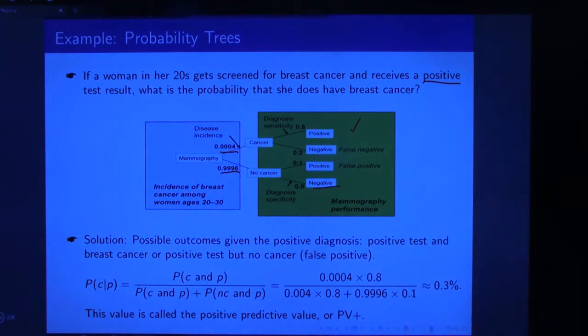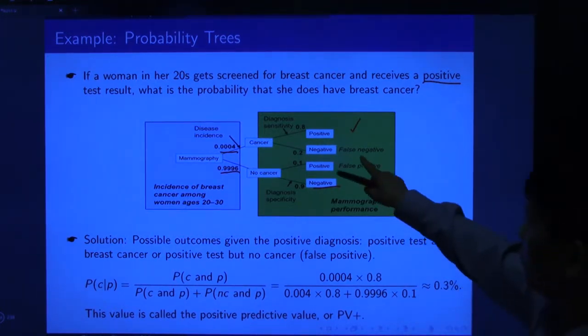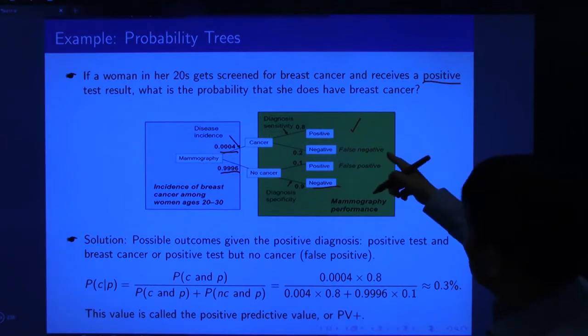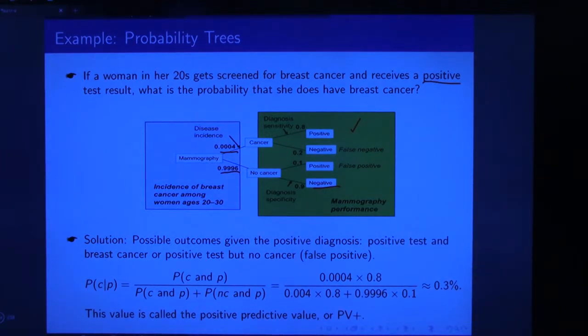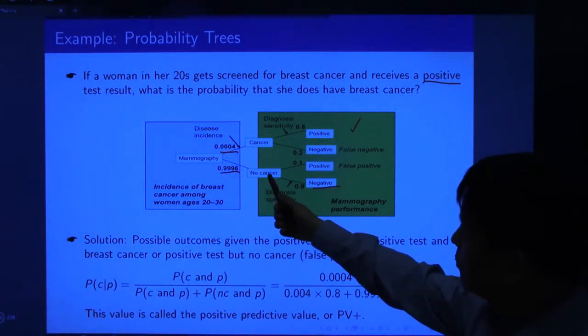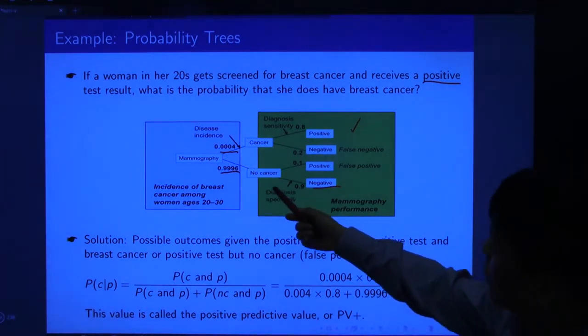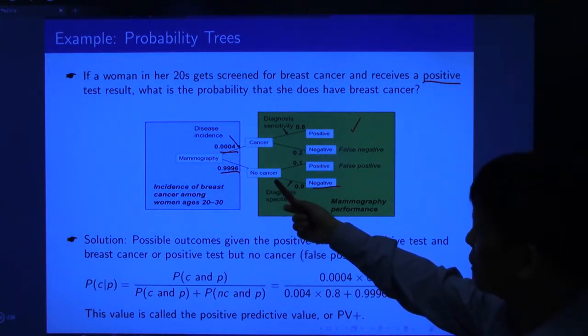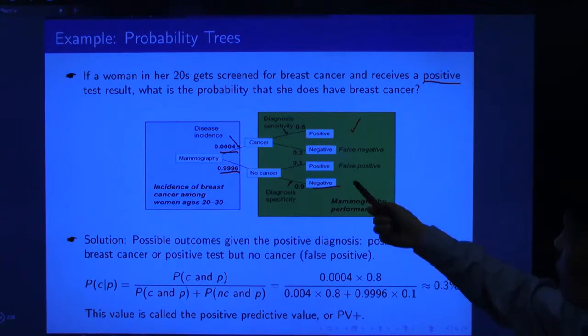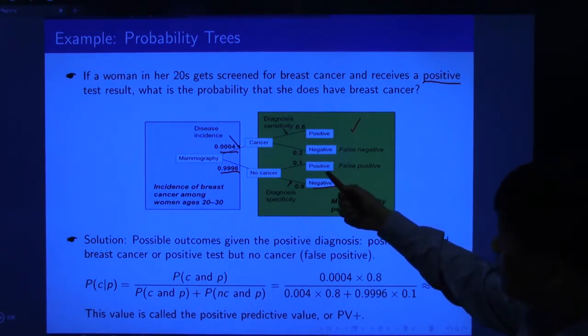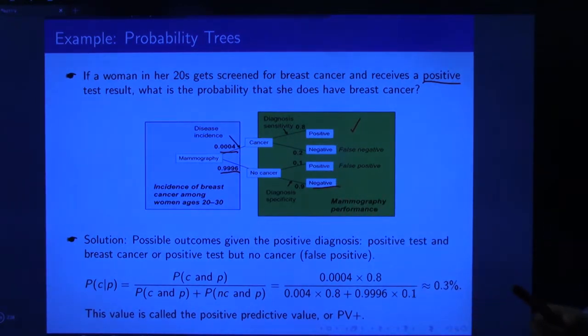And the other 20% will show a negative screen result. That means this is called a false negative. And this one is bad, and this one is not accurate. And for the 99.96% of those who don't have cancer, 10% show positive. So this is called a false positive, and the other 90% will show negative.